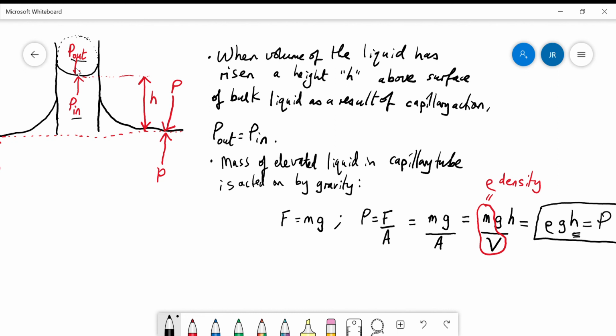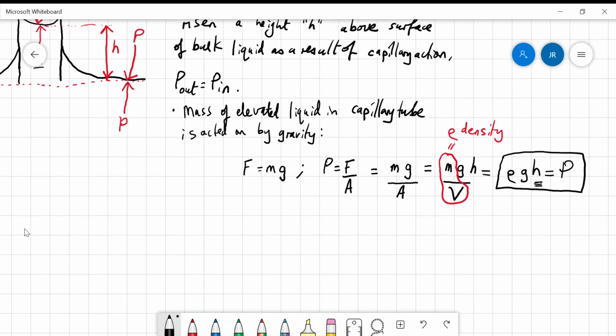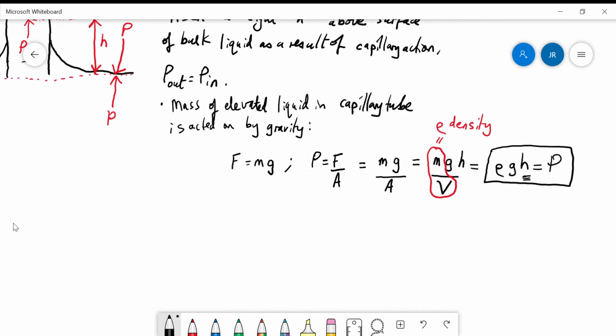So let's go ahead and rewrite our Young-Laplace equation incorporating this extra pressure. Originally we had P out is equal to P in plus twice the surface tension over R, the radius of the capillary tube.